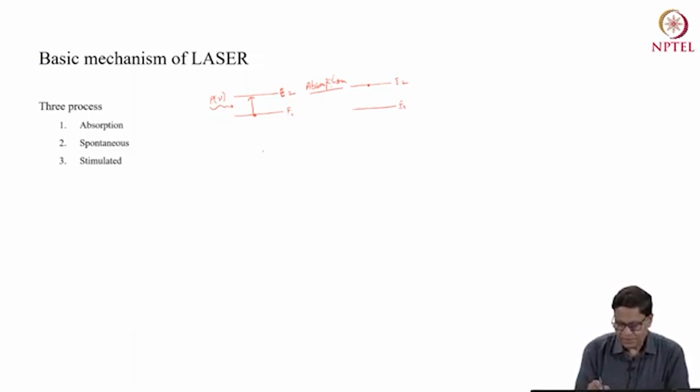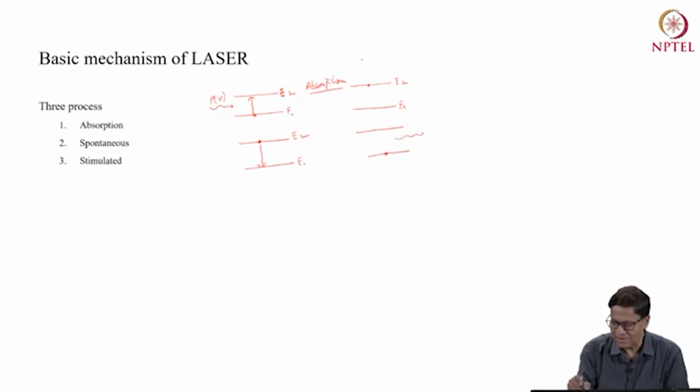The second process is spontaneous. Again, let us consider two energy level system, E1, E2. The electron which is there in the excited state naturally or spontaneously falls down to the low energy state, and in the process it will emit energy. The electron has come here.